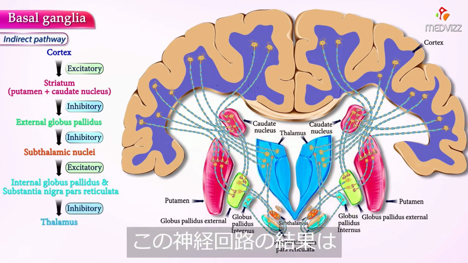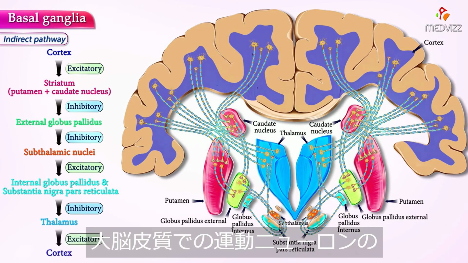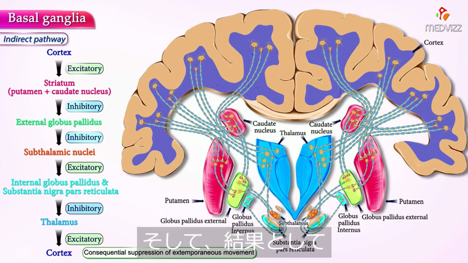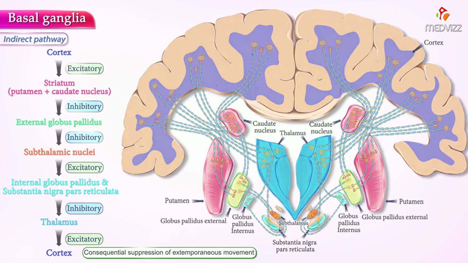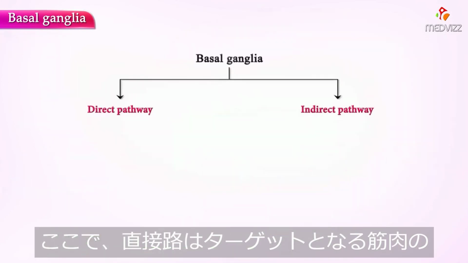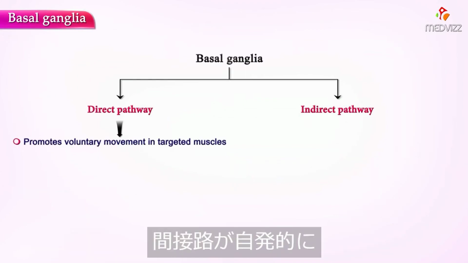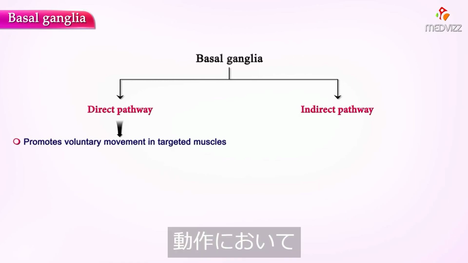The end result of this pathway is a decreased activity of the cortical motor neurons and a consequential suppression of the extemporaneous movement.